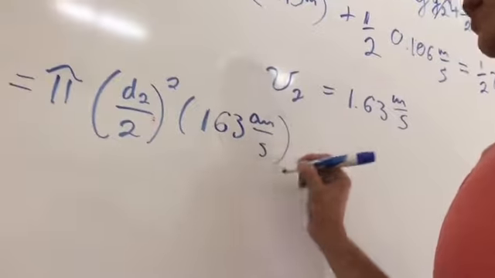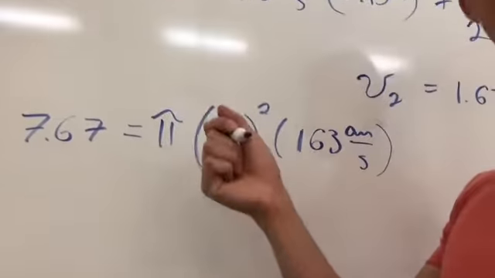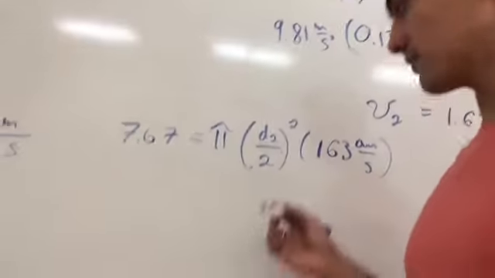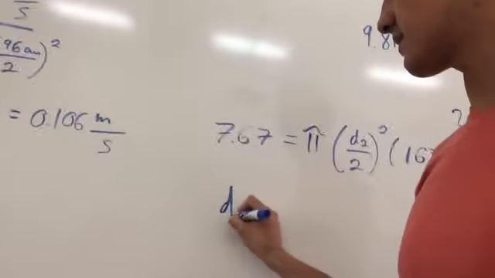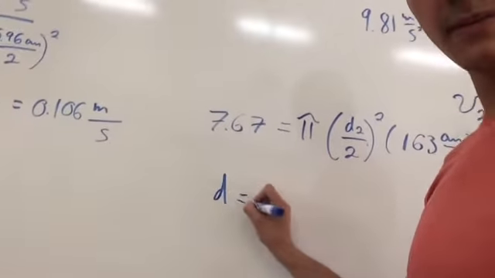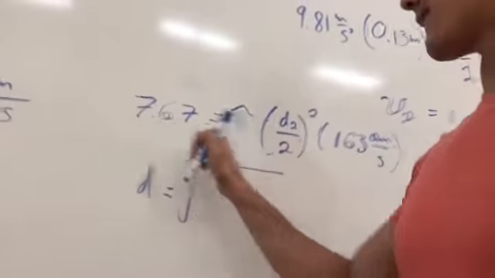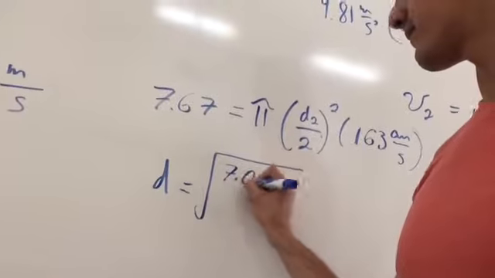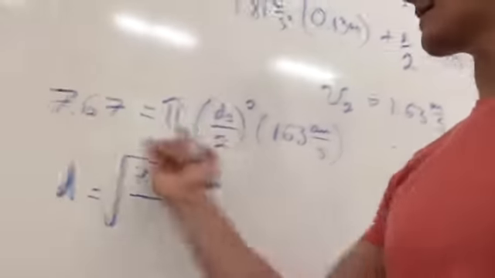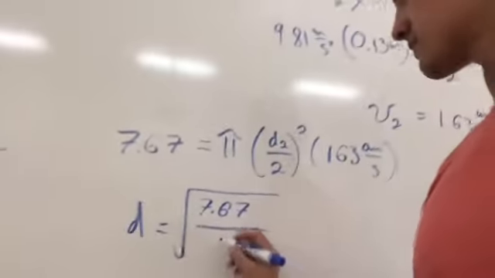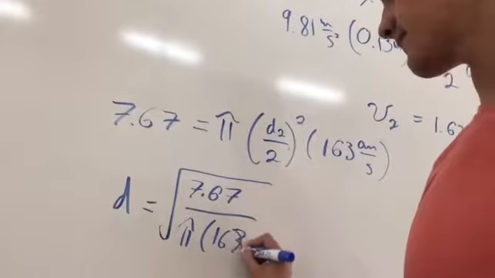And then what we have to get out of the equation is the diameter. So what we do here, we take out the diameter, and the diameter will be equal to the square root of the rate of flow over, and these two go to this side dividing, so pi times 163.